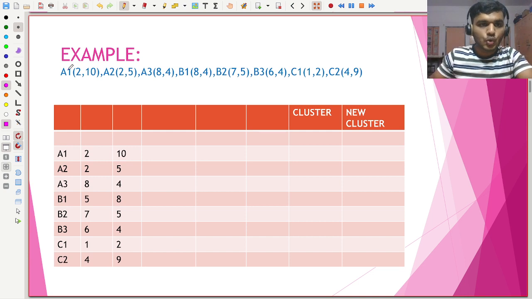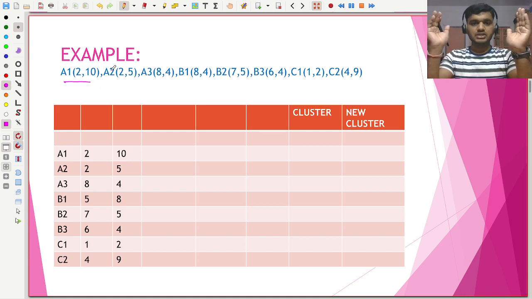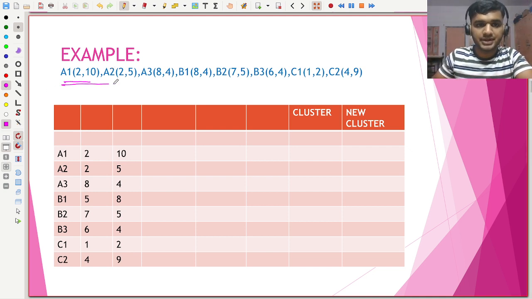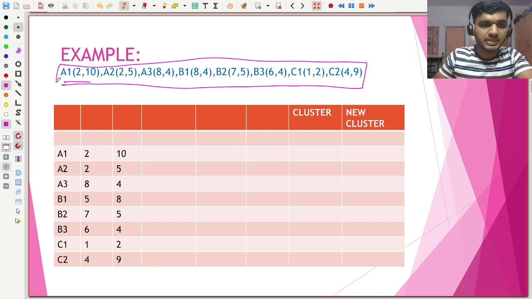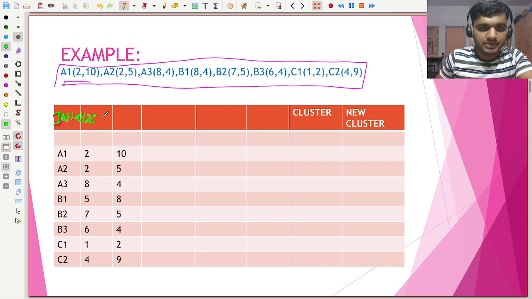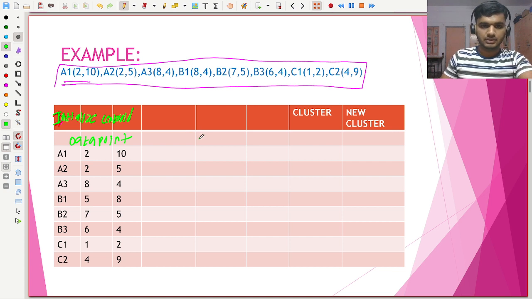Now we discuss a mathematical example. Suppose 8 points are given, and we will convert these 8 points into clusters. First, initialize the centers.